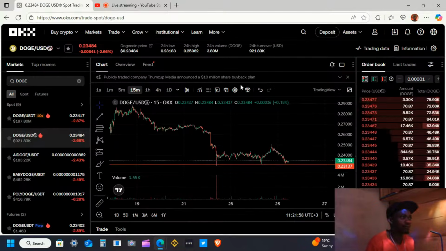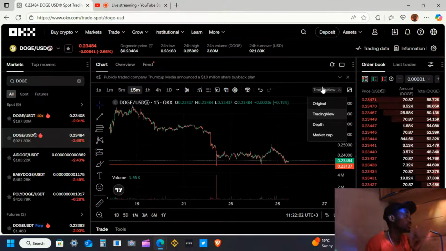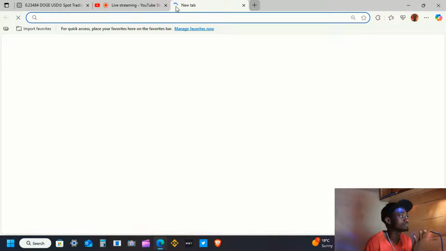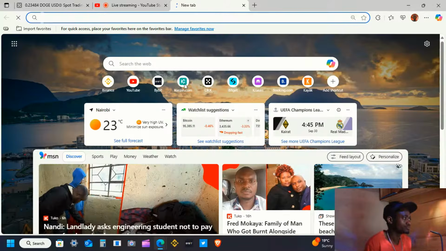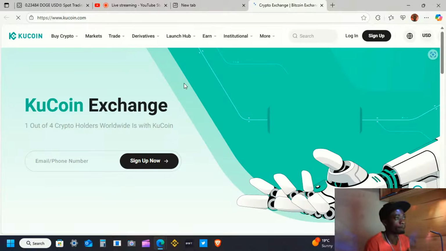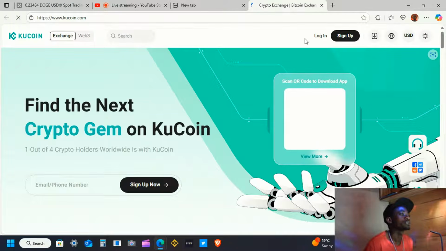I think this for now has some issue, I don't know which. So I can jump in from my other account. Let me try KuCoin. Yeah, because I still have something to trade with on all of these. Let me go for KuCoin. KuCoin login, like that.